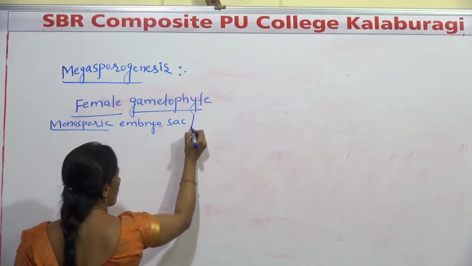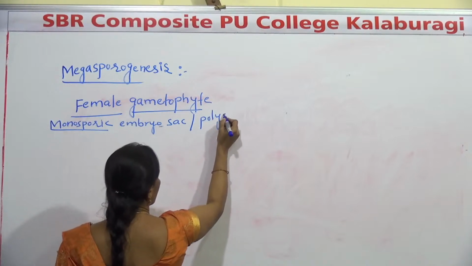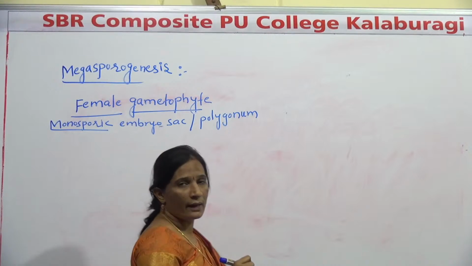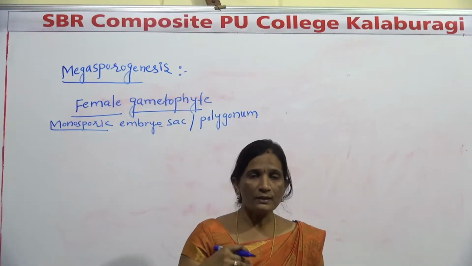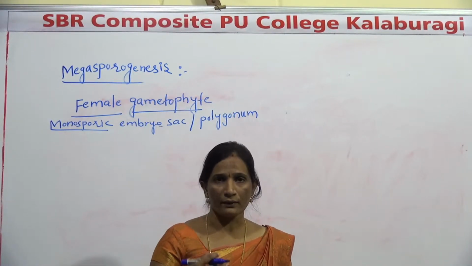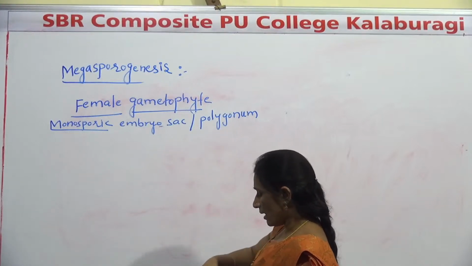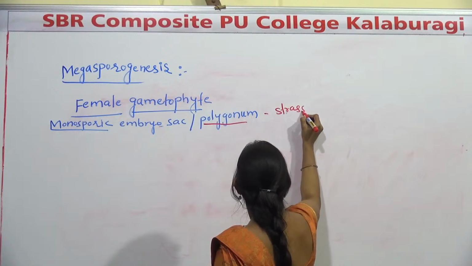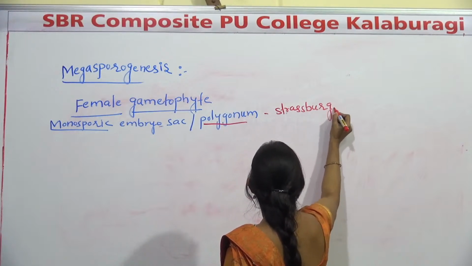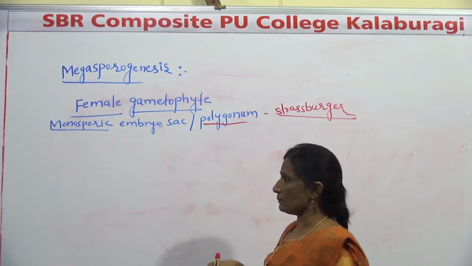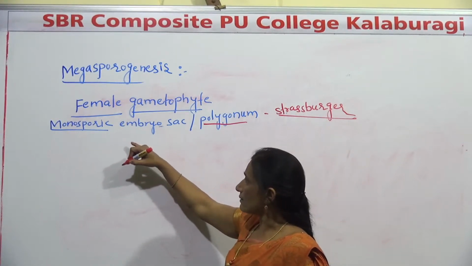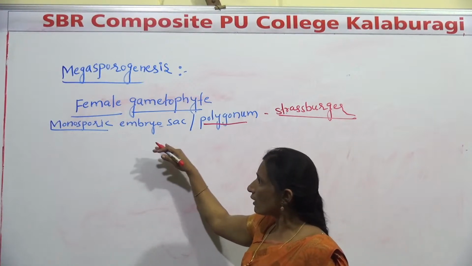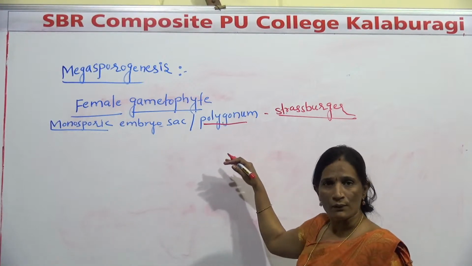It is also called the polygonum type of embryo sac, because this type of embryo sac development was observed in polygonum by the scientist Strasburger. So it is also called the polygonum type of embryo sac.